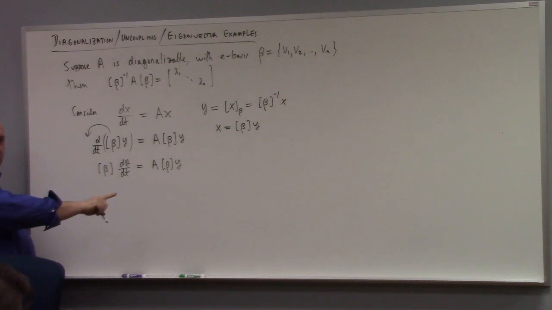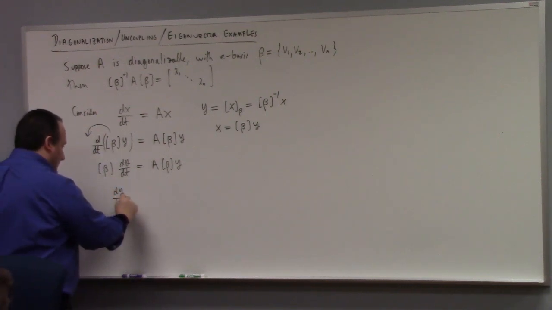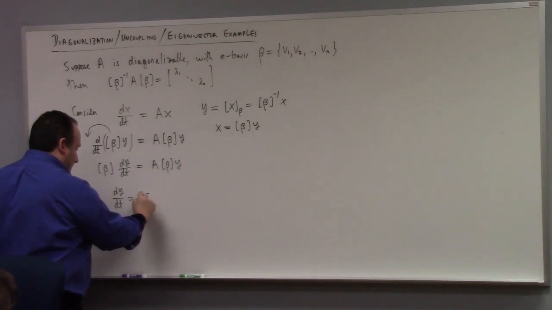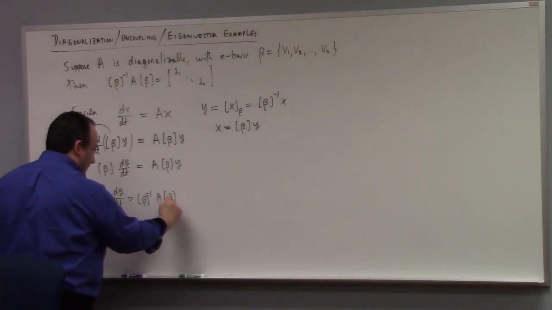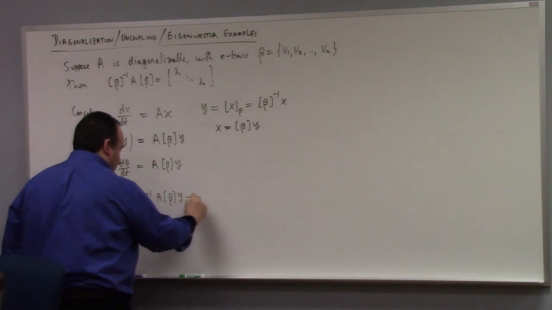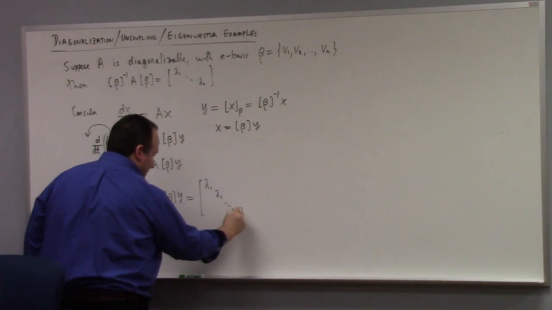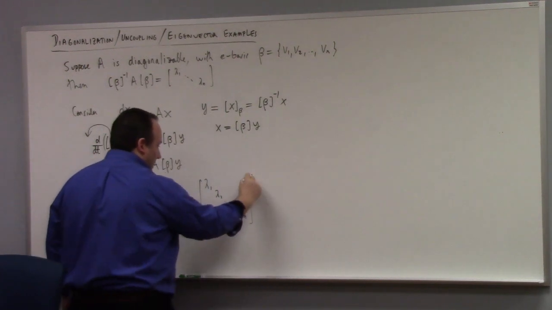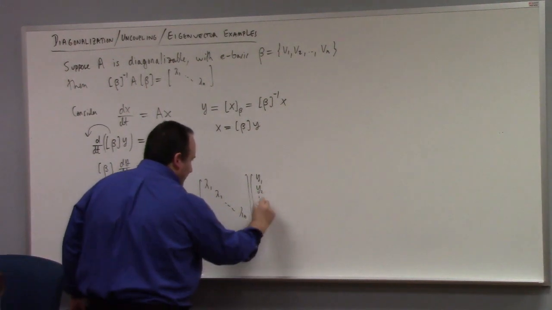Multiply this equation on both sides by beta inverse, and we've got dy/dt is equal to beta inverse A beta y, which is what? That is explicitly the diagonal matrix lambda 1, lambda 2, through lambda n times y1, y2, through yn.